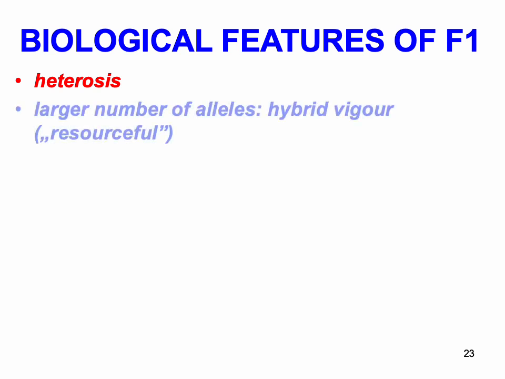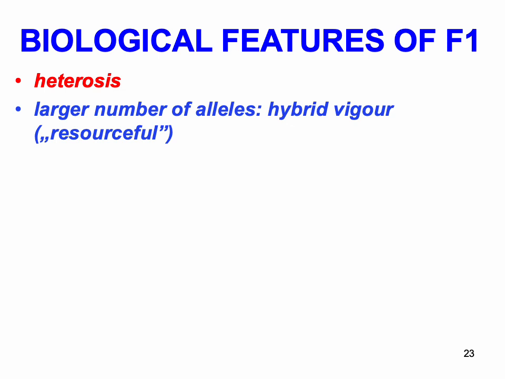The larger number of alleles is in the background of this hybrid vigor and higher adaptability or resources. They are so-called resourceful animals. Generally, and mostly for morphological parameters, they are more uniform. They give a more uniform biological answer.